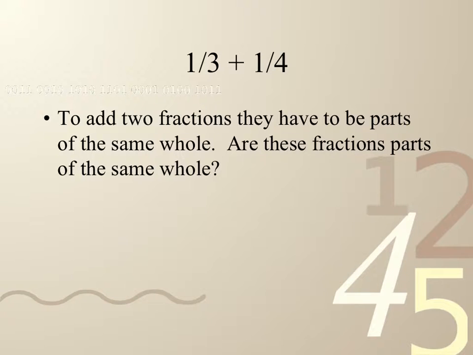To add two fractions, they have to be parts of the same whole. Are these fractions parts of the same whole? Well, I have 1/3, which is one of 3 equal parts, and I've got 1/4, which is one of 4 equal parts. Since 3 and 4 are not the same, and those denominators tell us how many equal parts are in the same whole, the answer to that is no, these are not parts of the same whole.